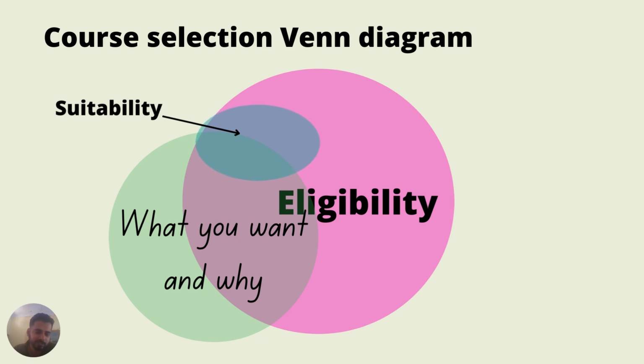This is the suitability area. Not all eligible students get selected for the course they apply for, but you can sort out the courses where you have maximum selection possibility based on suitability.